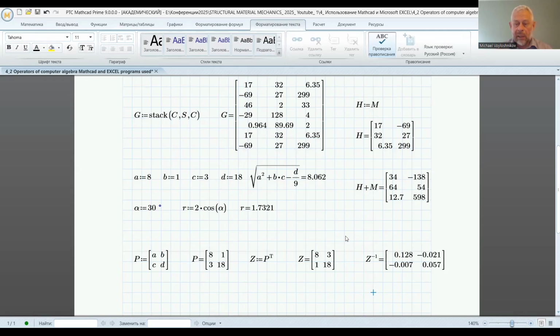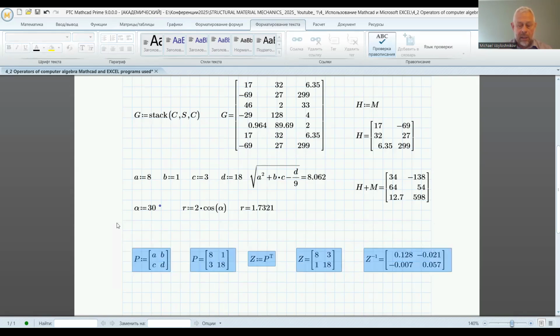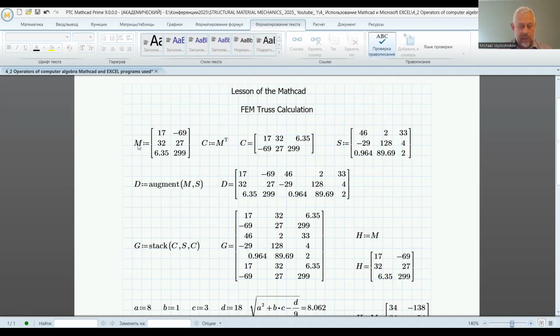It's very convenient for archiving, to transform this into Word and other systems of documentation and archiving as well. So this is how to use the Mathcad computer algebra system. Let me remind that first we have to define the object.